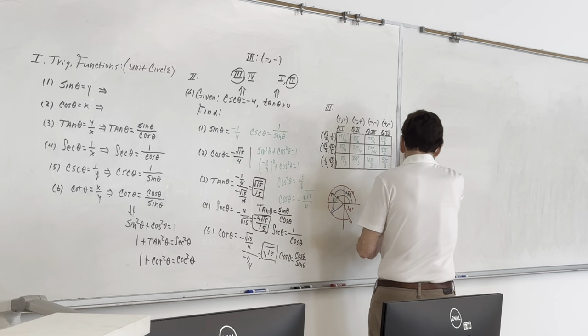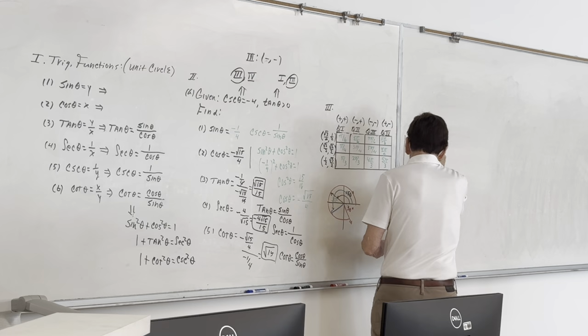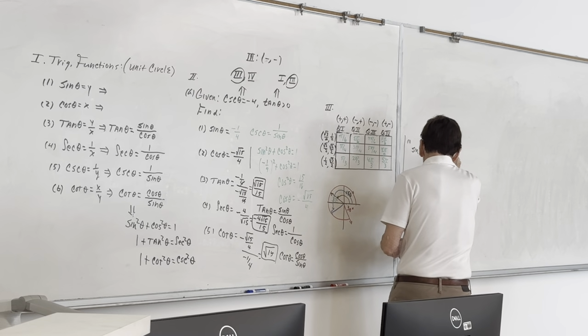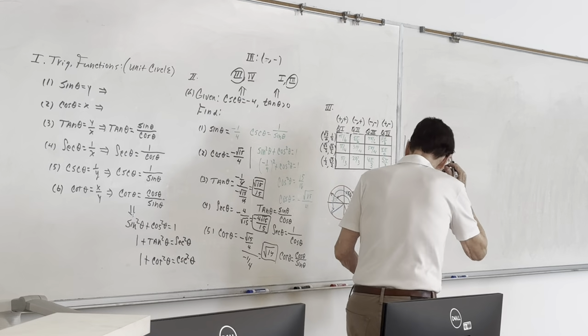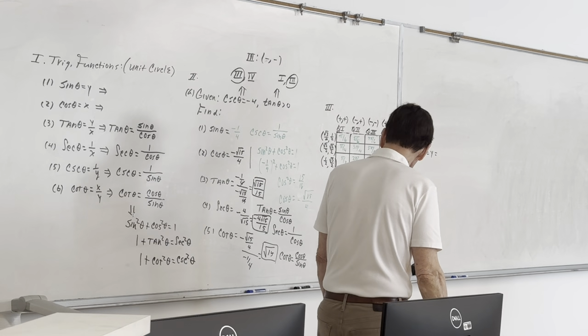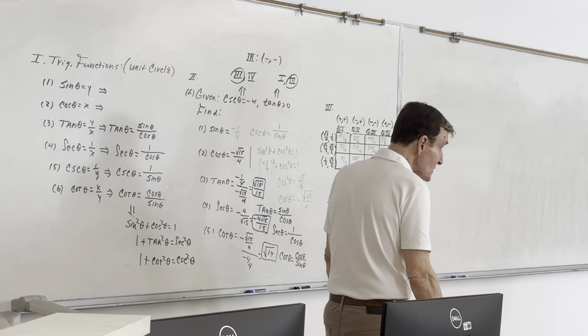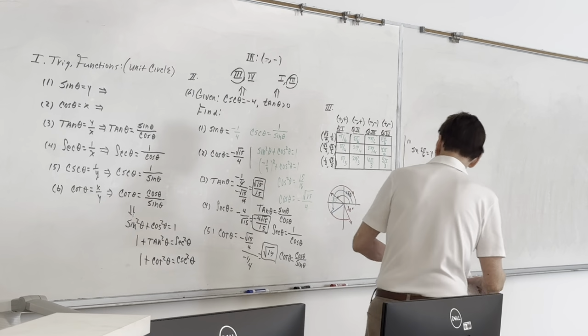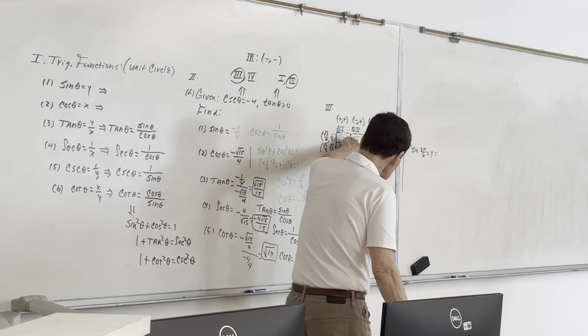If you're asked to find this, sine of 5 pi over 6, where sine is y. So guys, if we look out here, is 5 pi over 6 one of those in the table in the green there? I think 5 pi over 6 was right here. Now looking for the sign.